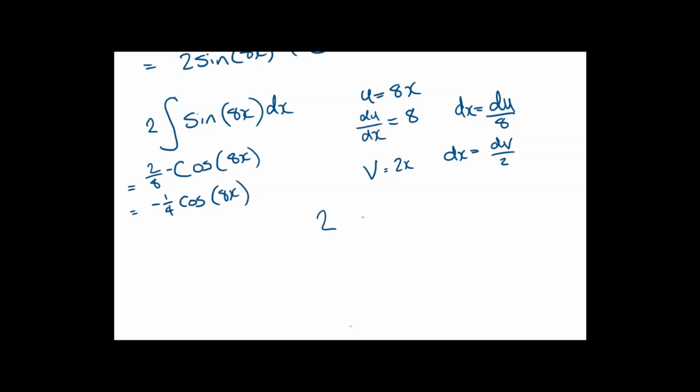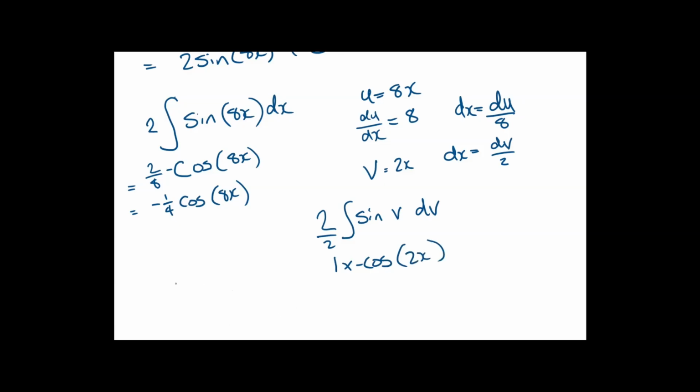So we've got the 2 out the front. We integrate sine v dv, and it's going to be divided by 2. So it's going to be 1 times minus cosine of 2x.